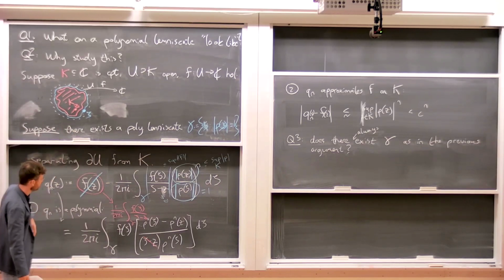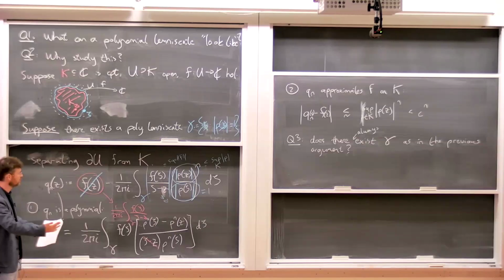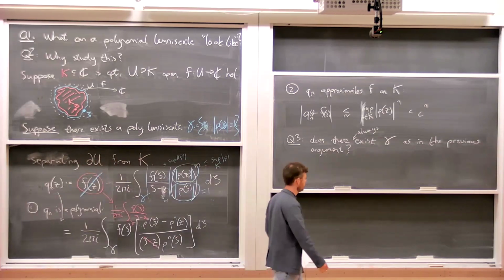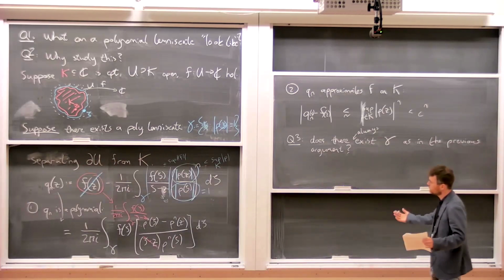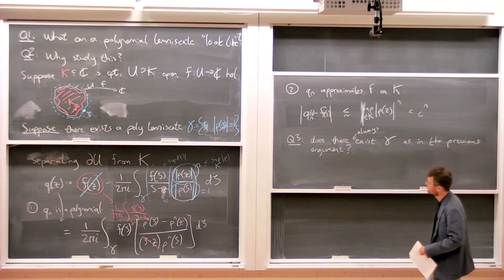If you go through the argument and do a couple of calculations with the residue theorem, what this polynomial Q sub n is doing is just truncating the Taylor series approximation of F. So in that sense, all of these approximating polynomials are just suitable generalizations of the Taylor series approximation.